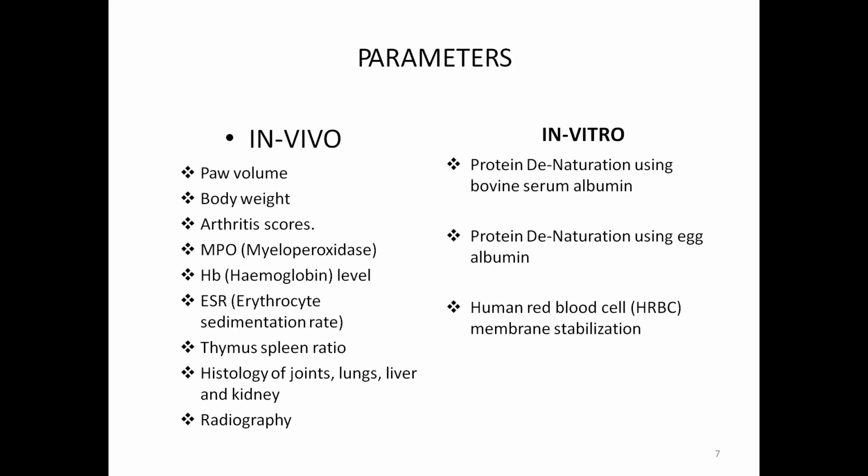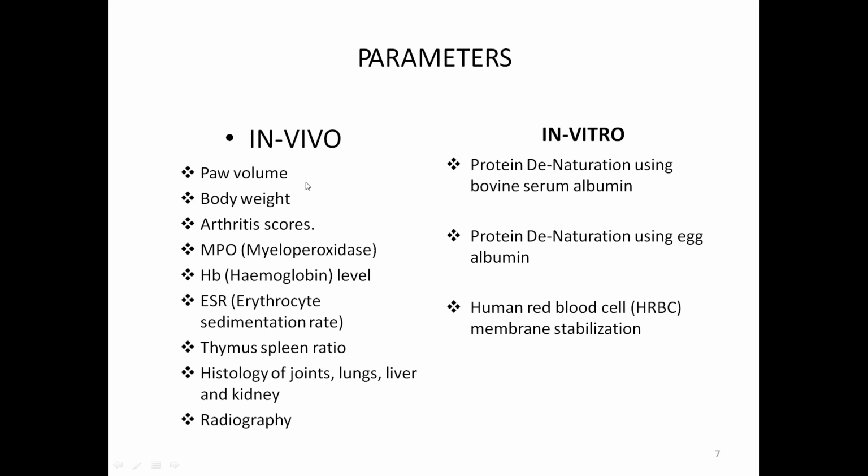So we are also planning for parameters like in vivo and in vitro parameters. In vivo simply means done on a living body, and in vitro means we are working outside the body. It means we are taking tissue out as a sample, and we do whatever process, quantitative or qualitative estimations.